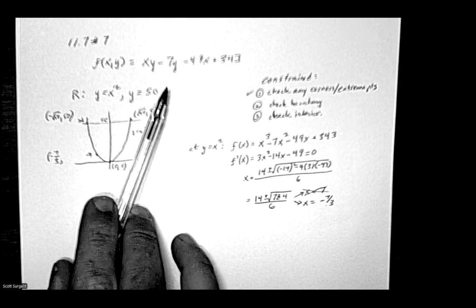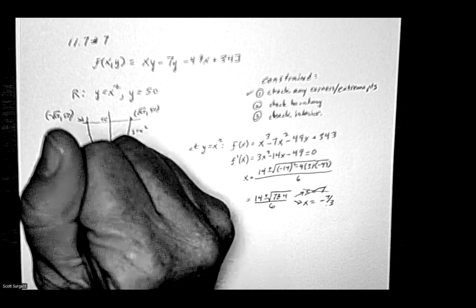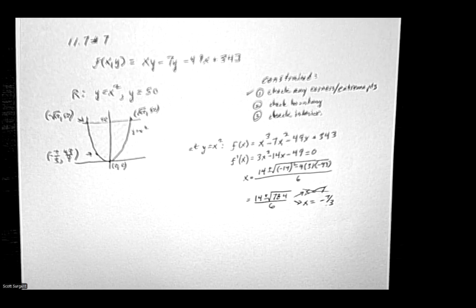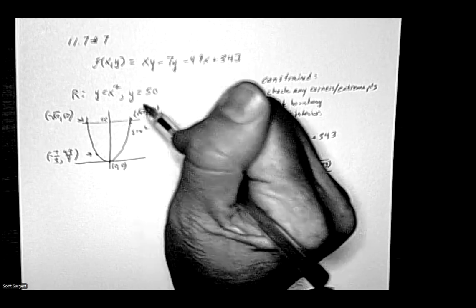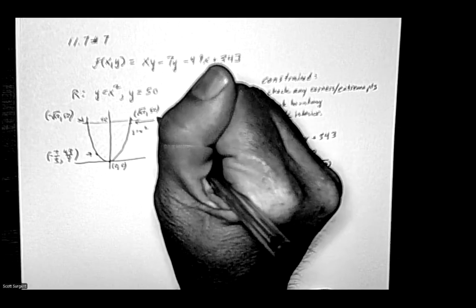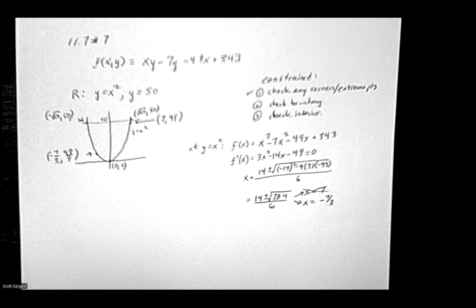But if I plug it into the boundary, that'll be 49 ninths. Wait, I'm sorry. Isn't 7 inside the bounds, or am I not understanding the bounds correctly? Yeah, I think you're correct. The square root of 50 is going to be higher than 7. Yeah, my bad. You're right. That's the easy one. So we're just below that point.